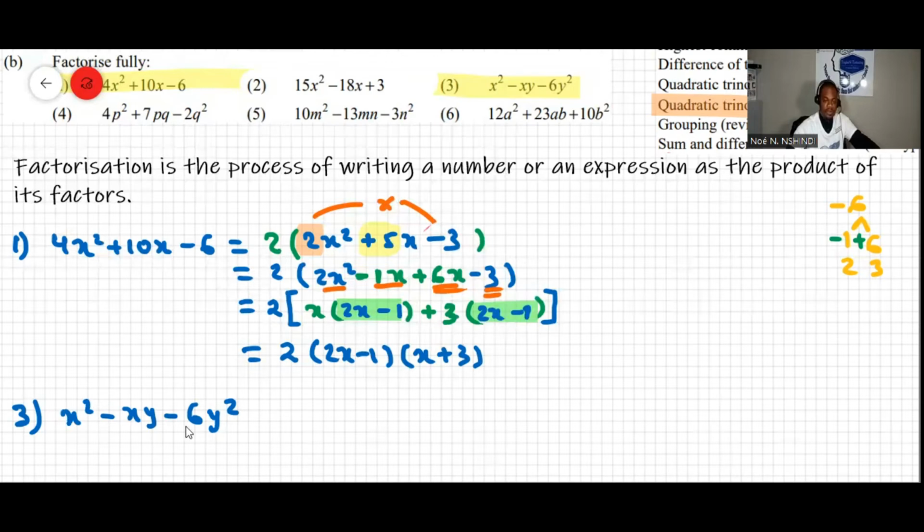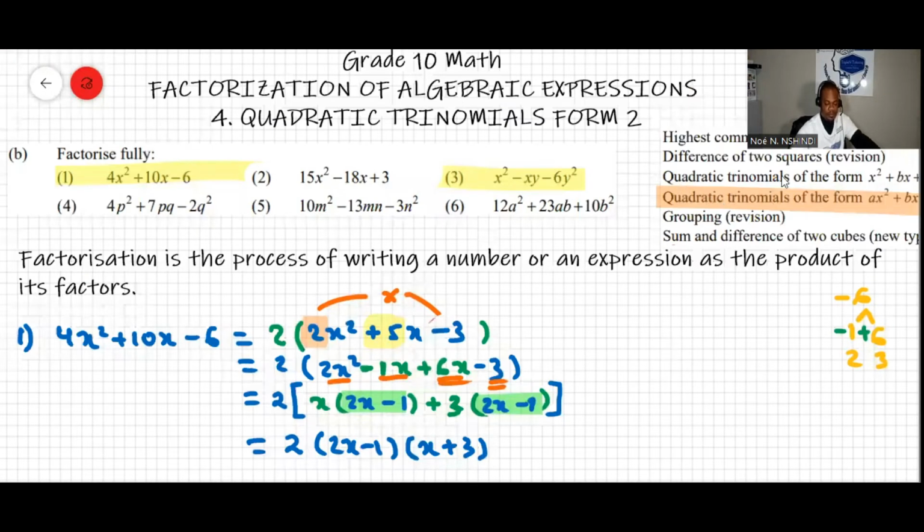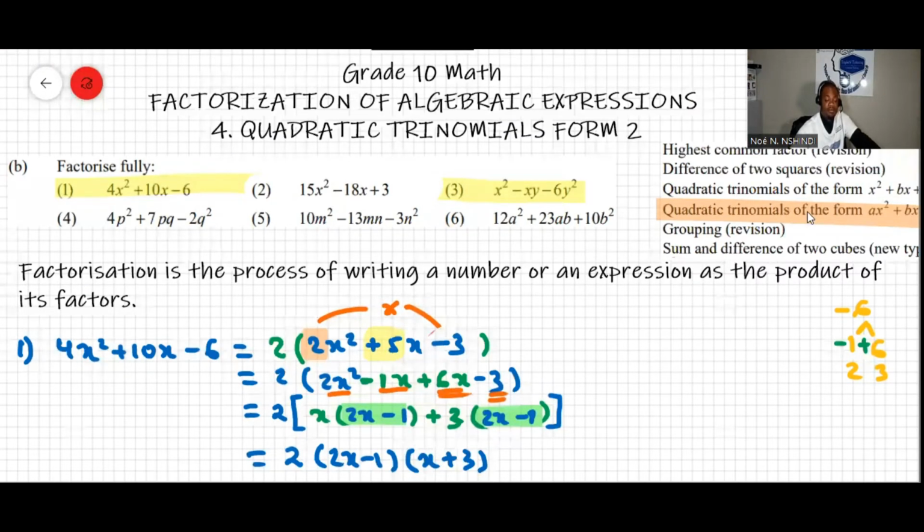So I can try to factorize the trinomial, and I look at the coefficient of the first term. Note that the second form can be applicable for both quadratic forms, but the first form is applicable to itself only.